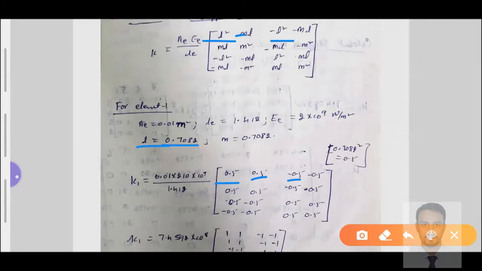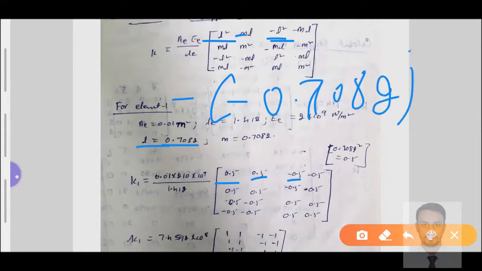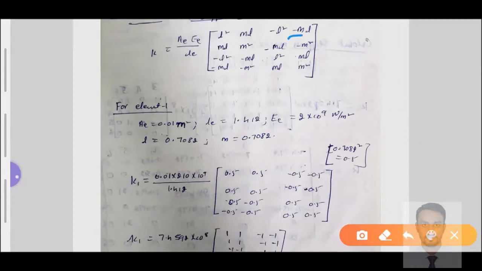This value is not a minus value, so directly we have this minus of minus, if for example 0.7082 is there, so this will become positive. Again this sign convention will remain as it is. For the square of only L, it already has the minus sign, but it is not applicable for this one.